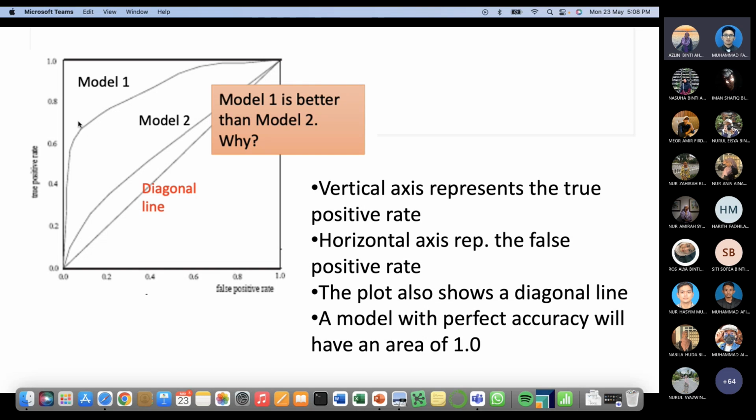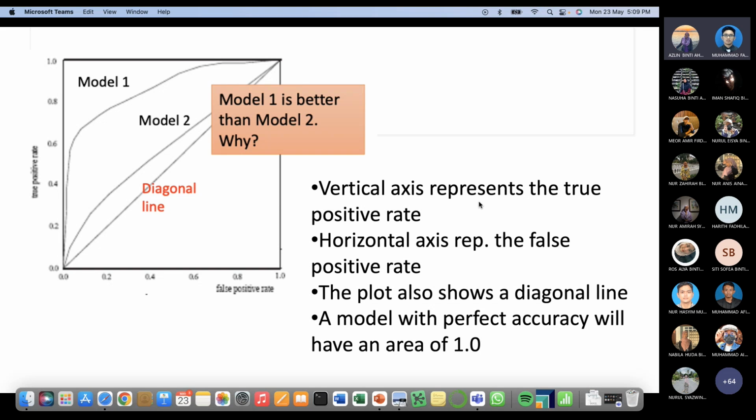Model 1's true positive rate is higher than model 2's. And model 2 is closer to the diagonal line than model 1, while model 1 is far away. So we can say model 1 performs better than model 2.